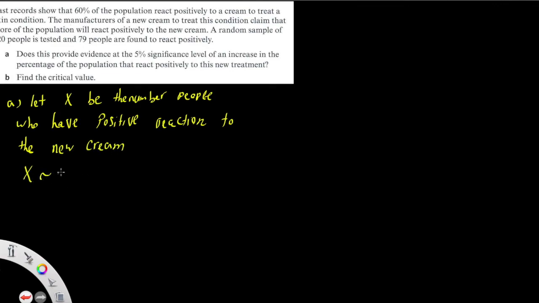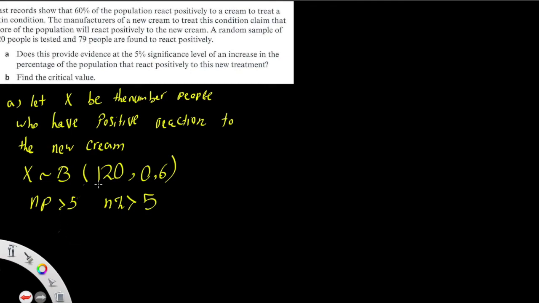So x will have binomial distribution. As 120 are tested, n is 120, and it says 60%, so 0.6 is the probability of success here. np and nq both will be greater than 5.